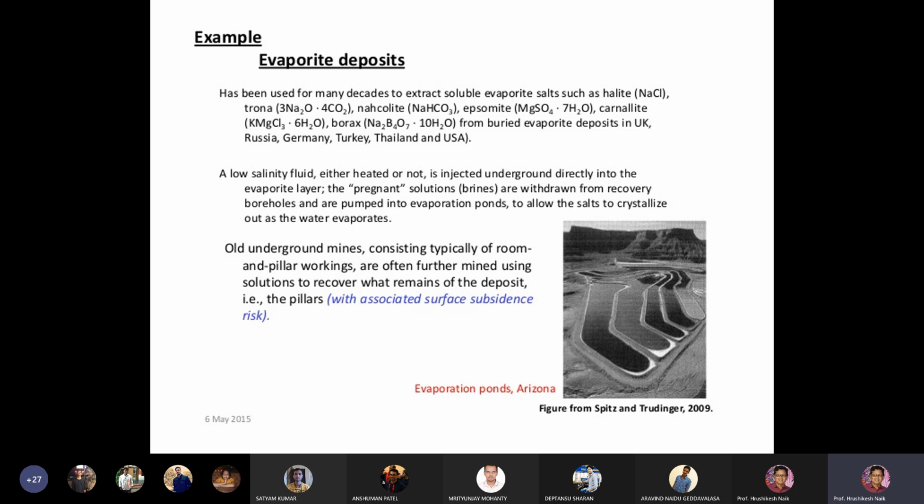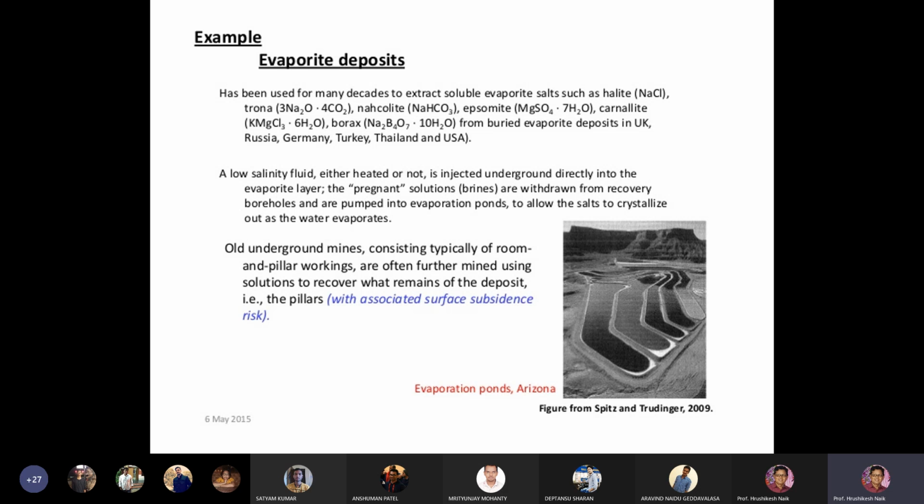This is the method of extraction of evaporite deposits using in situ leaching. See the figure, which shows the evaporation pond.